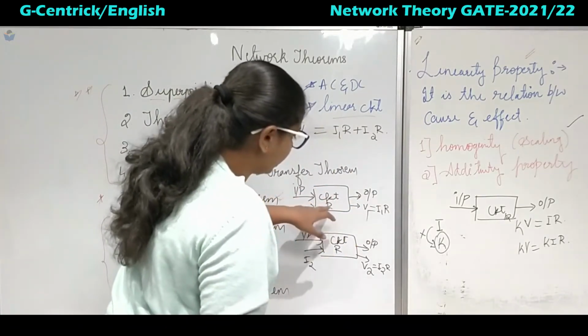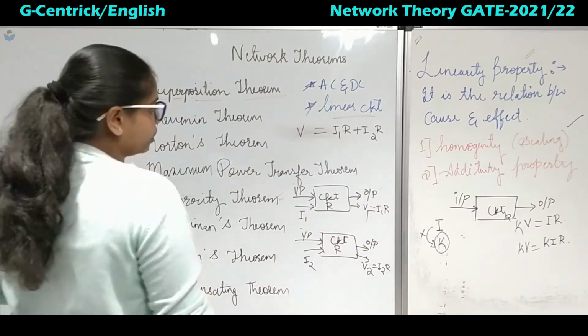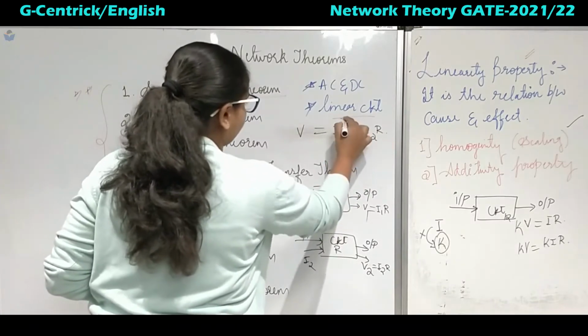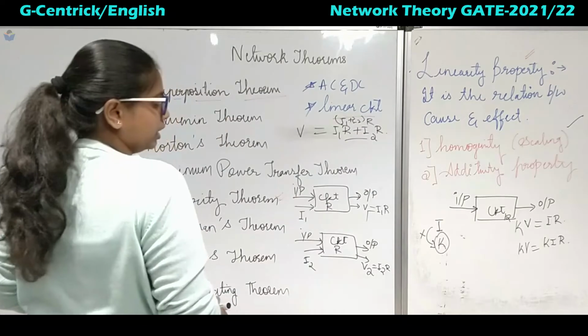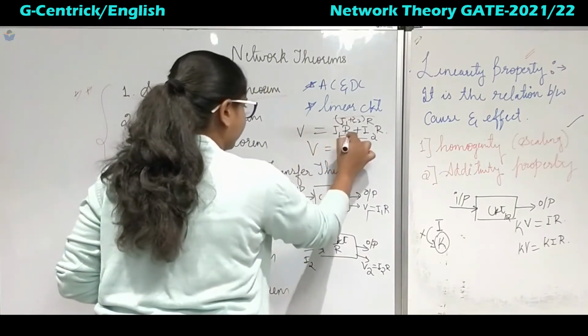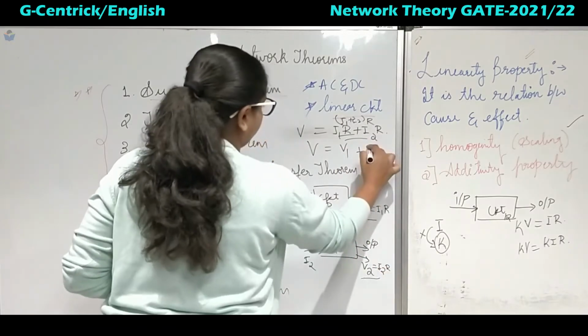So this is nothing but I1R, which is V1, plus I2R, which is V2.